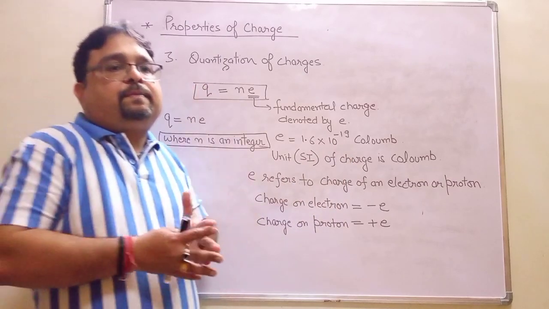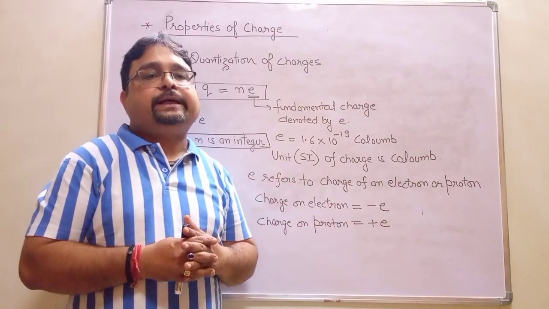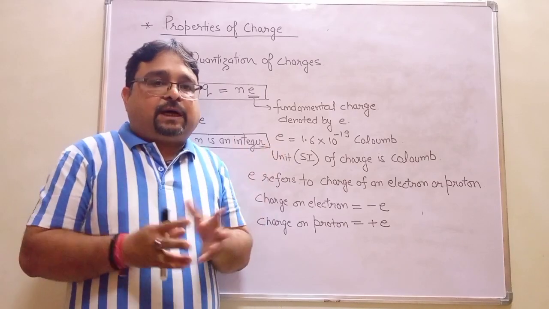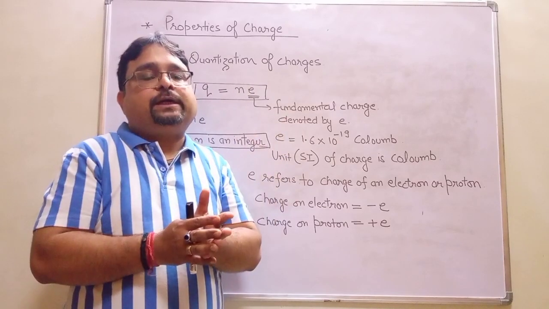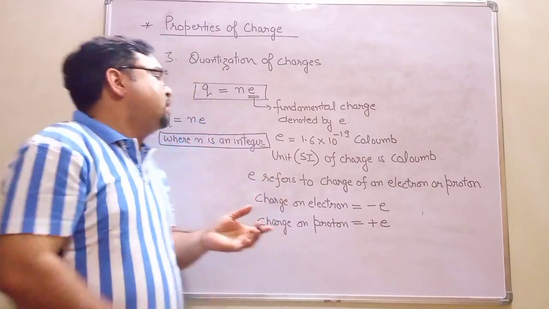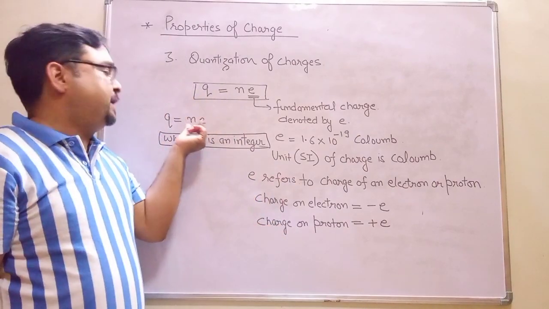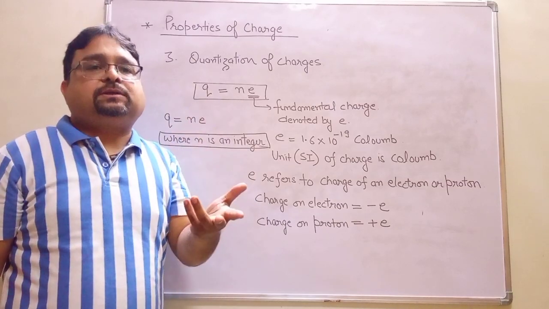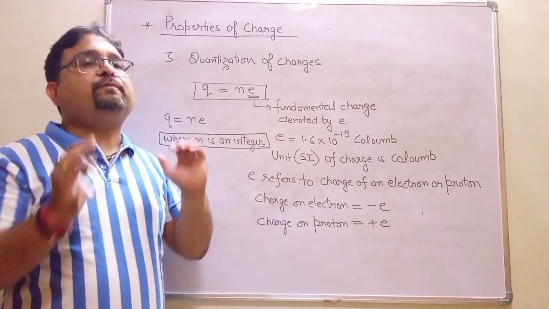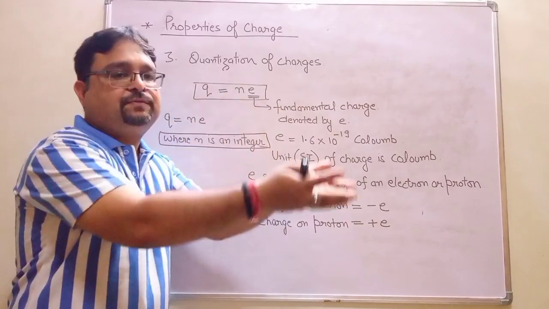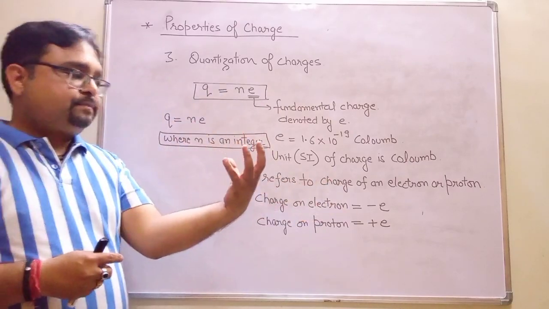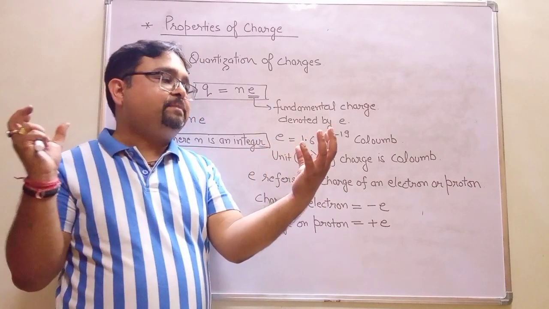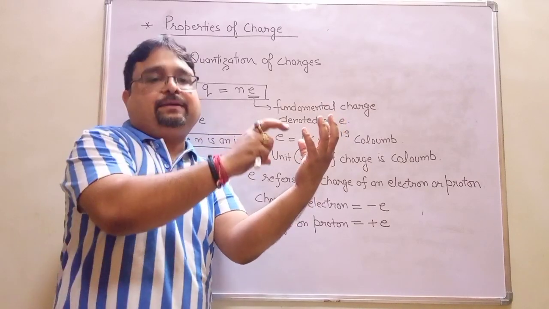Suppose there is a human body, and the human body is given some charge. Then the total charge on the human body will also be equal to n multiplied by e, where n can be any integer. n will depend upon the number of electrons or protons which are transferred to the body. Any body is charged electrically by transferring positive charge or negative charge.